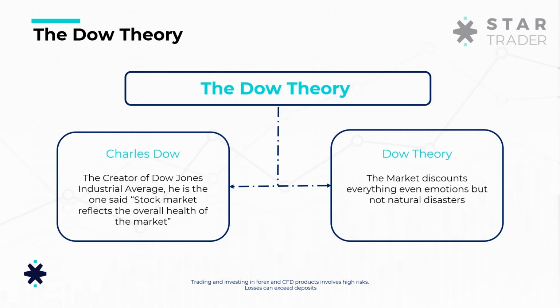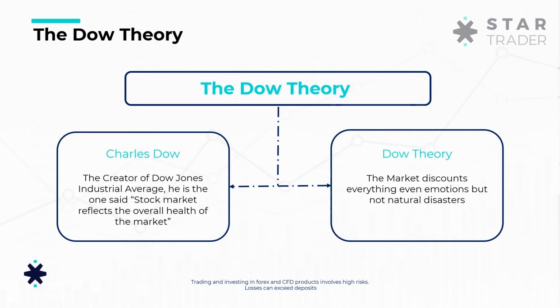What does that mean? That means that in the chart, when you are reading the prices of any asset, you can know what is happening with the traders themselves and what is going to happen next when they are buying, when they are selling, based on the pattern of the chart itself.